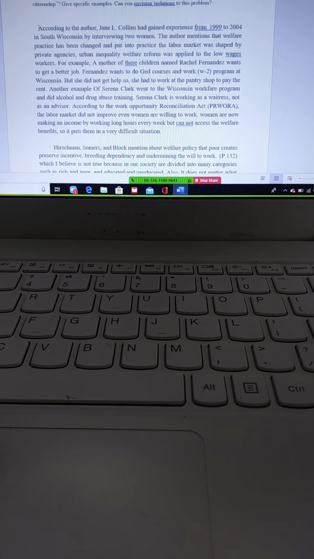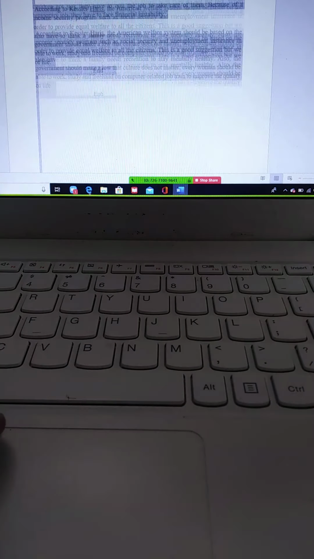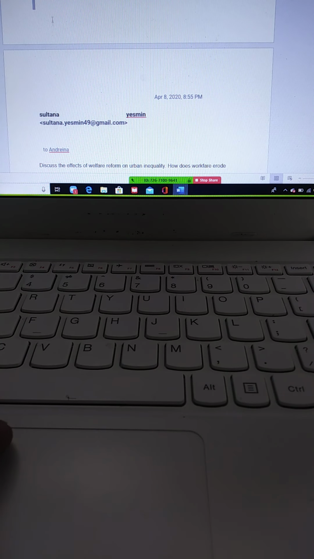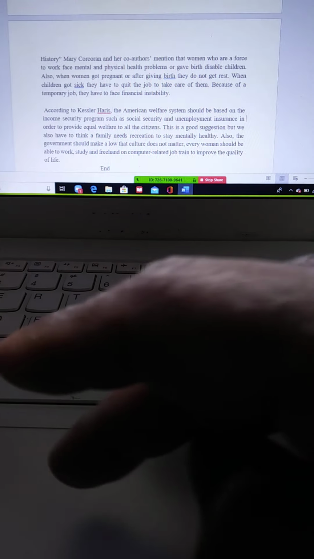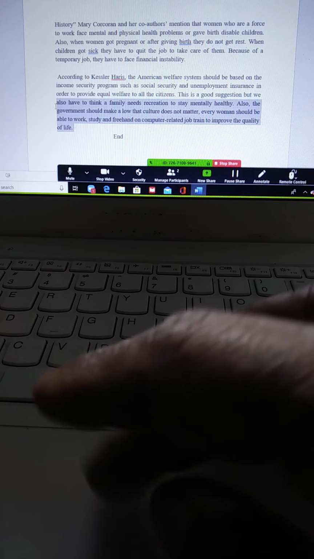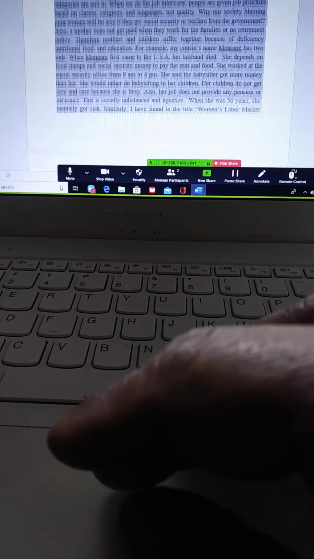So here, let's double space this, so it'll be easier to read and easier to go through. Let me just fix that and scroll down. I want to double space this, so we'll bring that back up to the top.